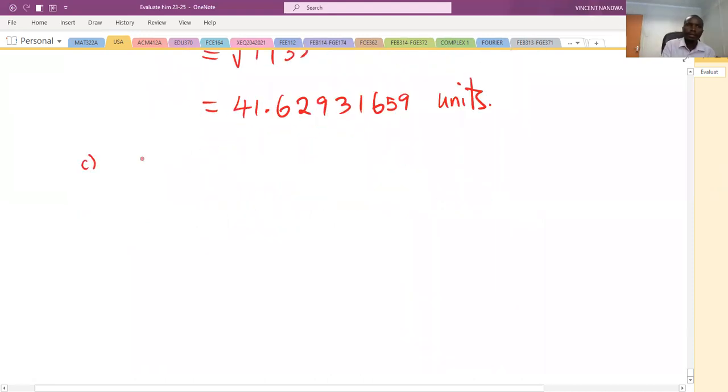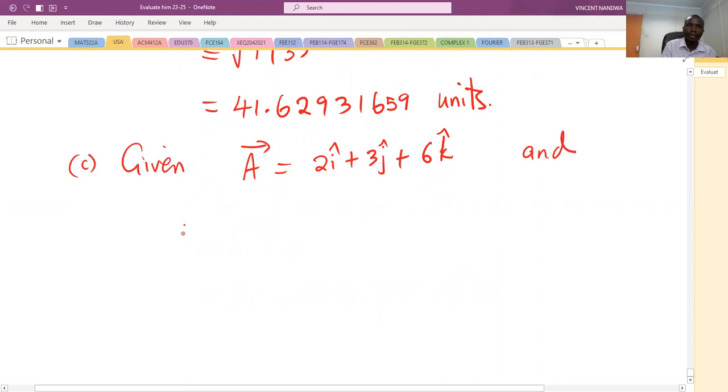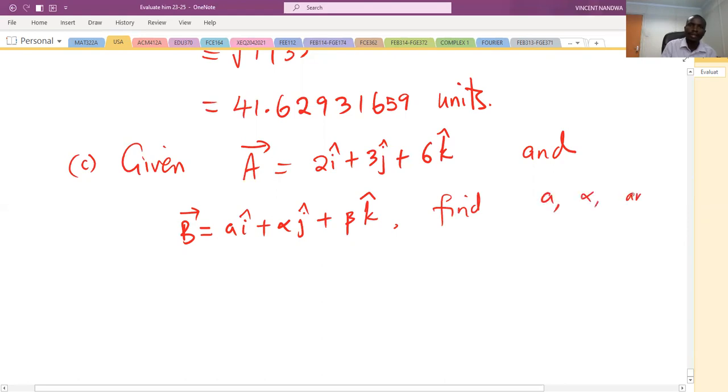And then C, given a is 2i plus 3j plus 6k, and b is given by ai plus alpha j plus beta k, find a, alpha, and beta if 2a plus b is a null vector.